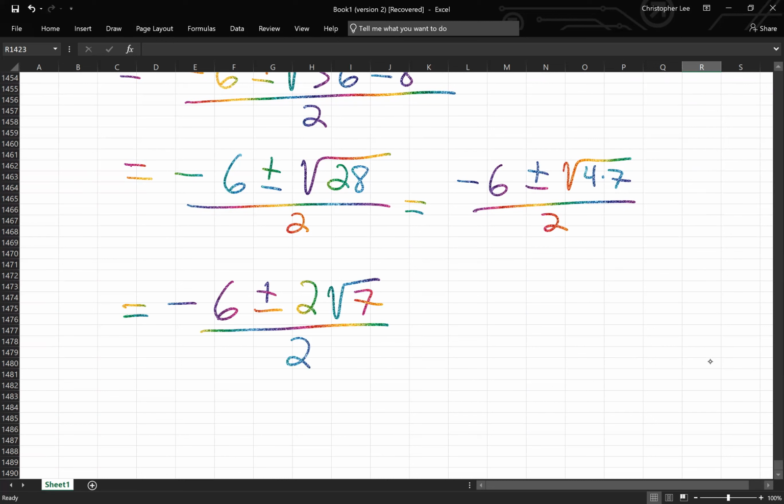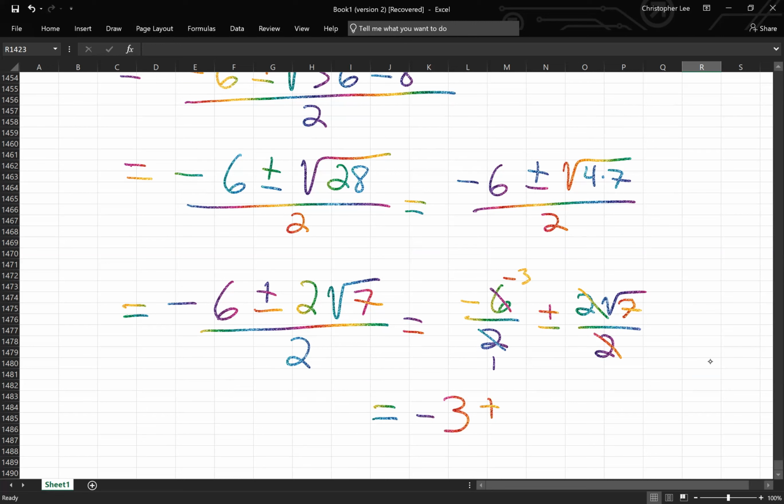And we can reduce this a little bit. This is -6 over 2 plus or minus 2 square root 7 over 2. So the 2's can cancel. This goes into 1, and this goes into -3. So final answer, -3 plus or minus square root 7.